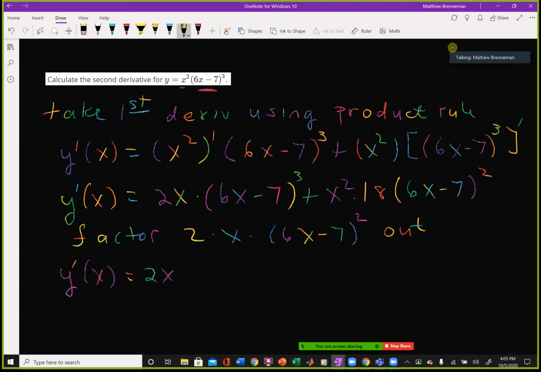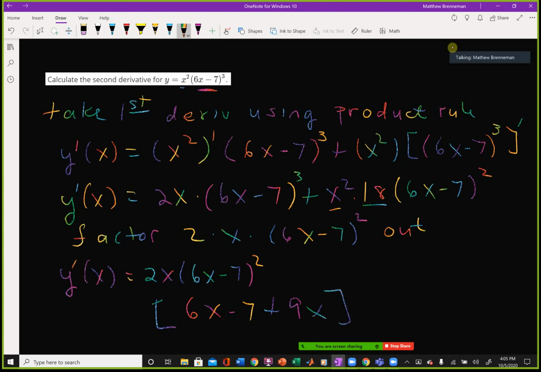So I'm going to take the 2x, (6x minus 7) quantity squared out. And what I'm going to have left, well, here in the first term, all I had was a 6x minus 7 left, right? And here when I take out a 2, I'll have a 9 left over. And take out one factor of x, and I'll have an x left over, and that's it.